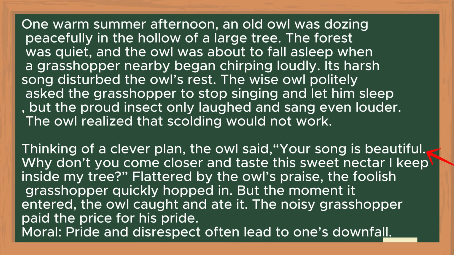Thinking of a clever plan, the owl said, "Your song is beautiful. Why don't you come closer and taste this sweet nectar I keep inside my tree?" Flattered by the owl's praise, the foolish grasshopper quickly hopped in. But the moment it entered, the owl caught and ate it. The noisy grasshopper paid the price for his pride. The moral of the story: pride and disrespect often lead to one's downfall.